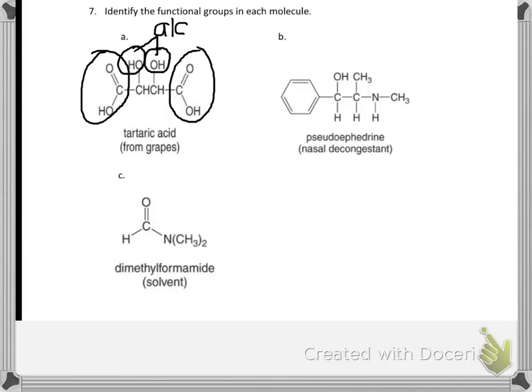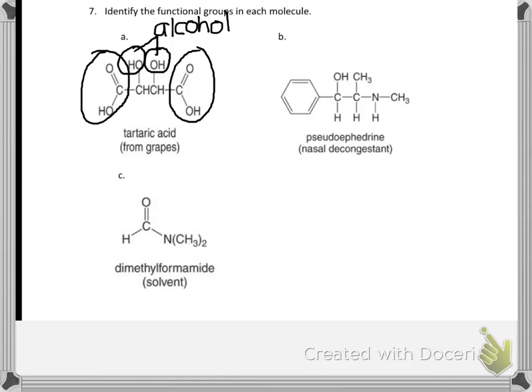Now we study functional groups because they are sites for reactions, they help us predict properties, they help us classify compounds, and they help us name them. And so as you work more with chemical compounds, a lot of times it's important, for example, to know that they have an alcohol group.